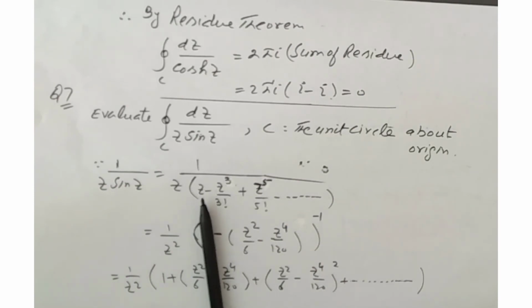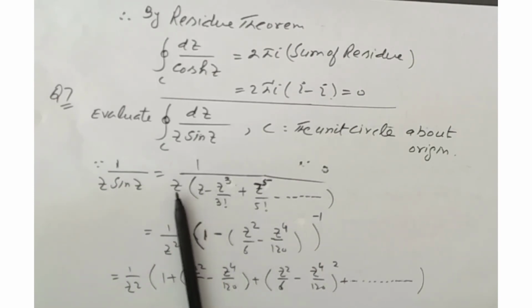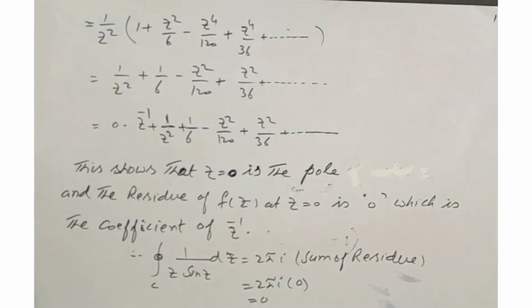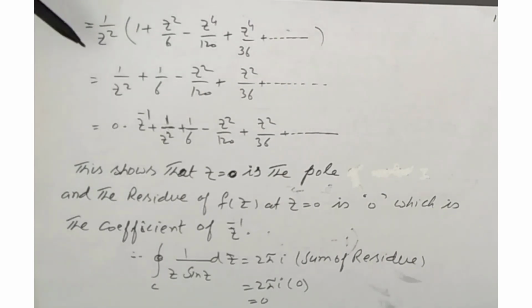Now we take z as common, and by expansion using the binomial series 1 minus x to the power n, after simplification this becomes 1 by z square times 1 plus z square by 6 minus z^4 by 120 plus (z square by 6 minus z^4 by 120) square, and so on.